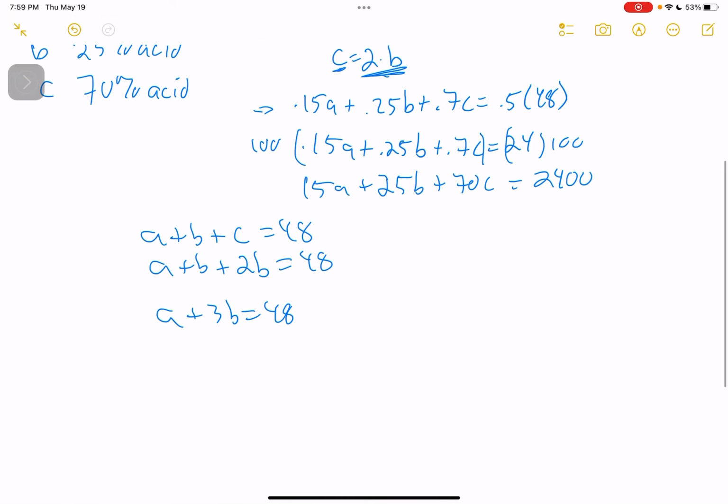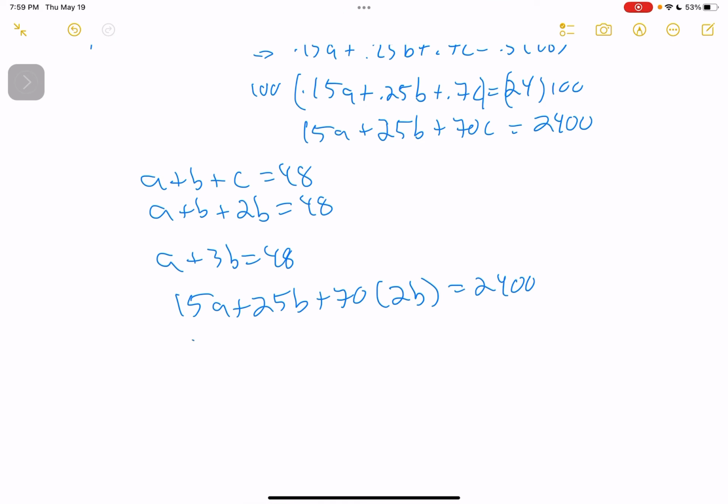And then we have the 15A plus 25B plus 70C. So instead of the C, I'll write another 2B because C is equal to 2 times whatever B is, equals our 2400. So we end up with 15A plus 25B plus 70 times 2.